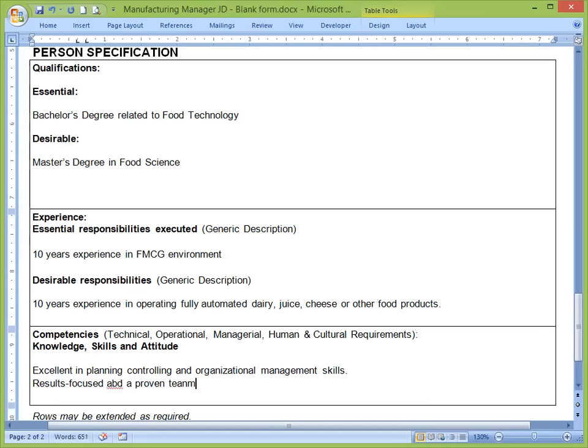Proven team manager. He's a team manager, no? Not in terms of the job title, but in terms of his leadership skills, his leadership styles. Leadership competency.